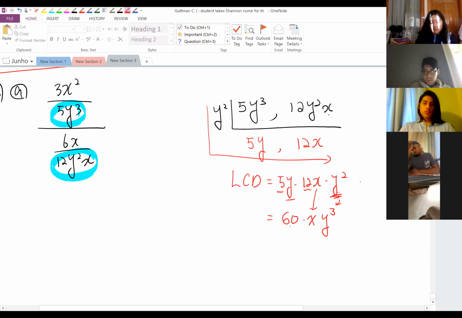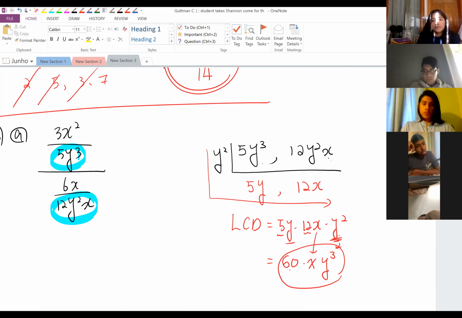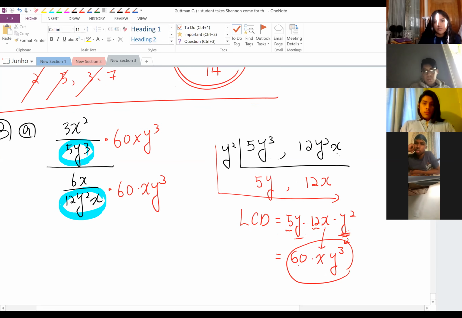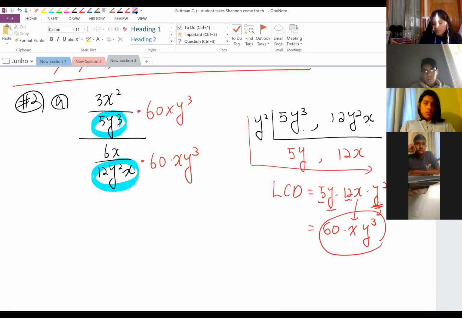Second step, we multiply LCD to each fraction. So this becomes multiply 60 x y cubed, multiply 60 x y cubed. Okay, so now, please let me know if you don't understand.